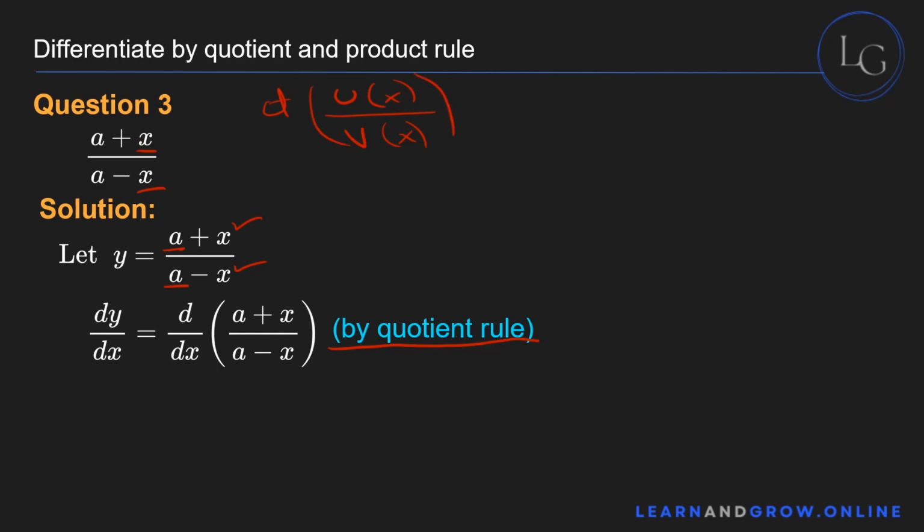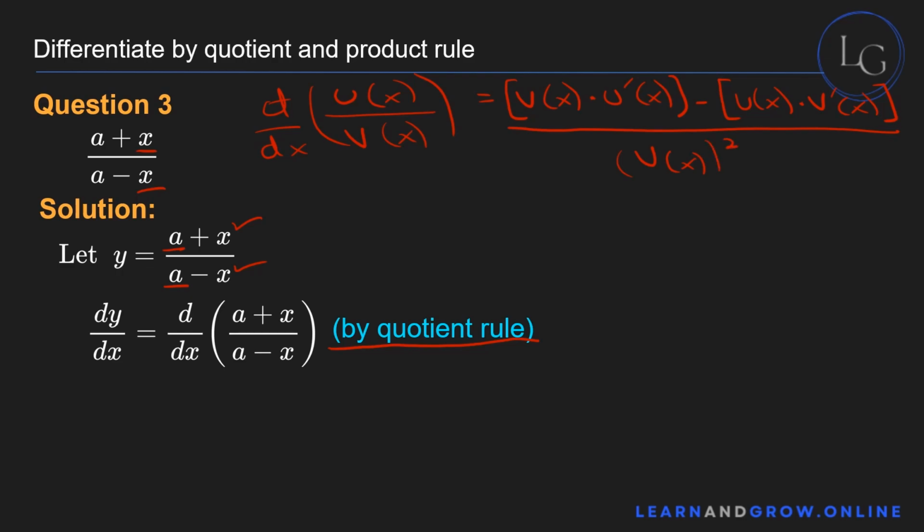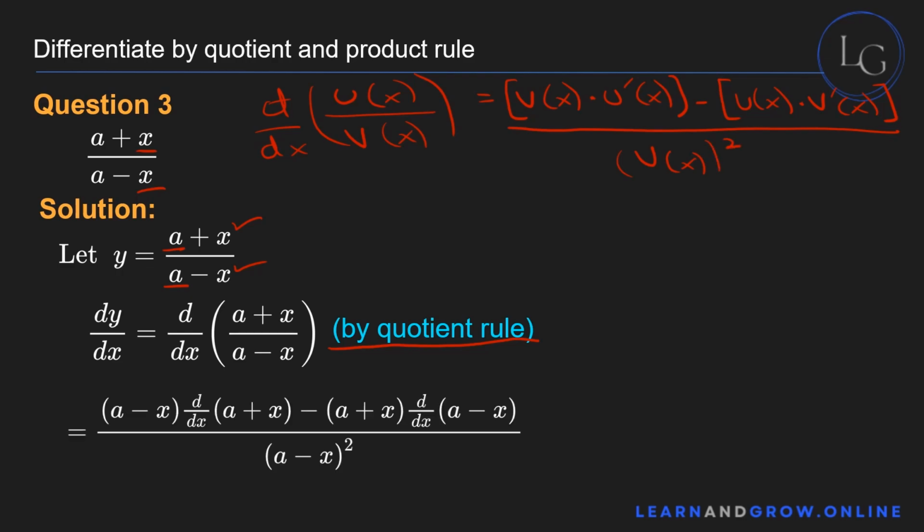So basically d of this over dx will be equal to v of x into u prime of x, and all of this subtracted from u of x into v prime of x, so basically the derivative of v with respect to x, over v of x square.